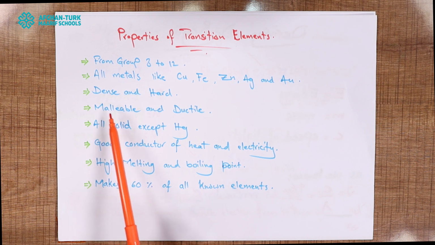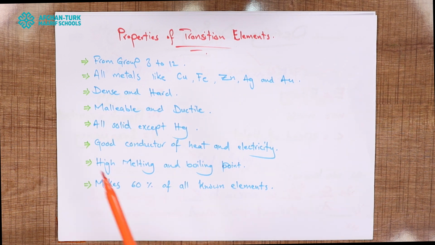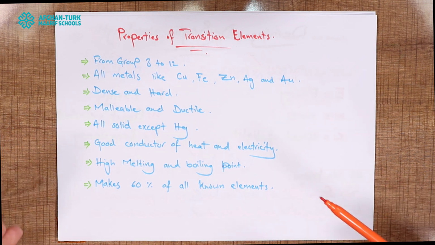And the next property, they are malleable and ductile. What's the meaning of malleable? Malleable means if anything is capable of being extended or shaped by beating with a hammer, we call that thing malleable.